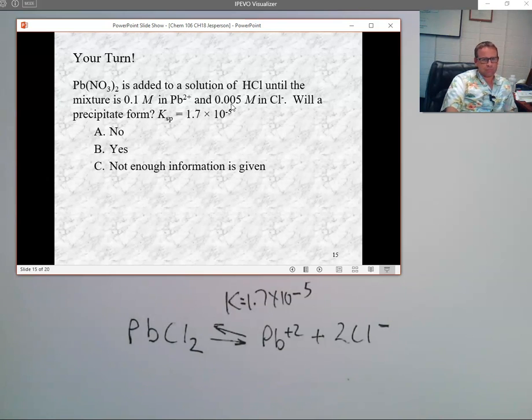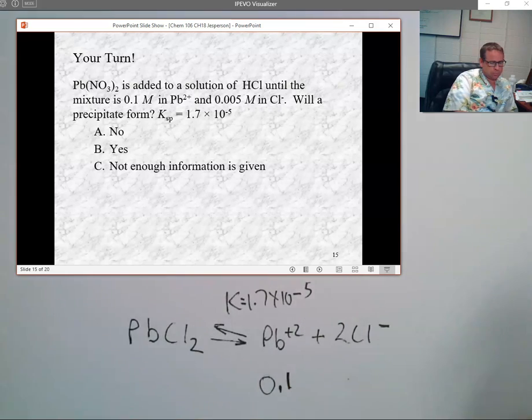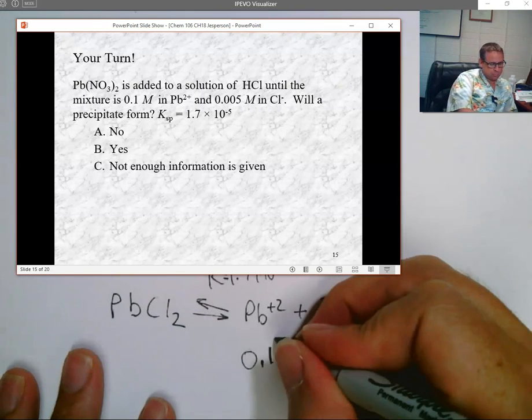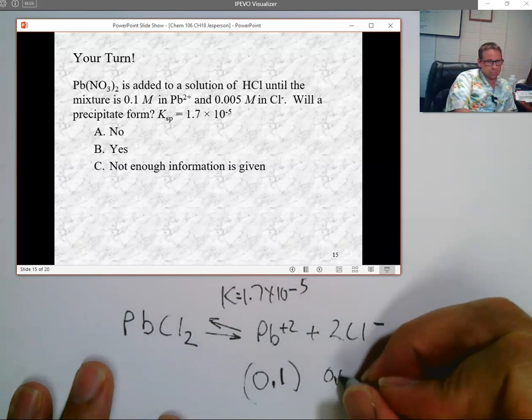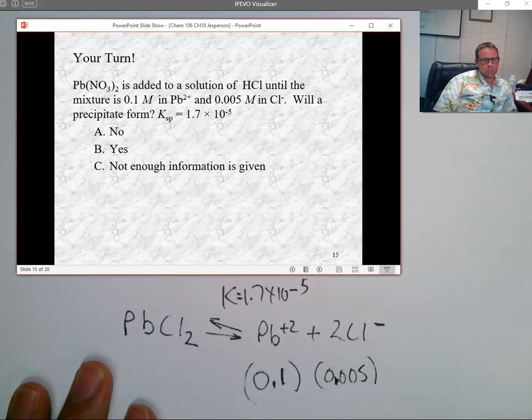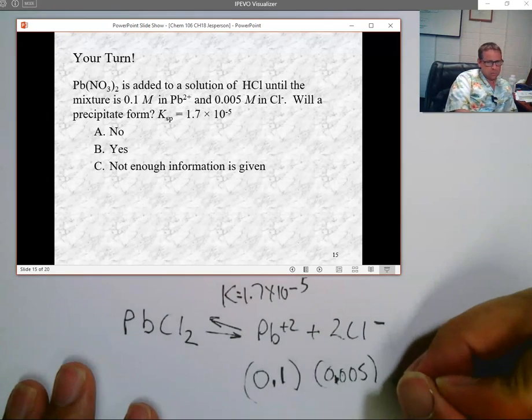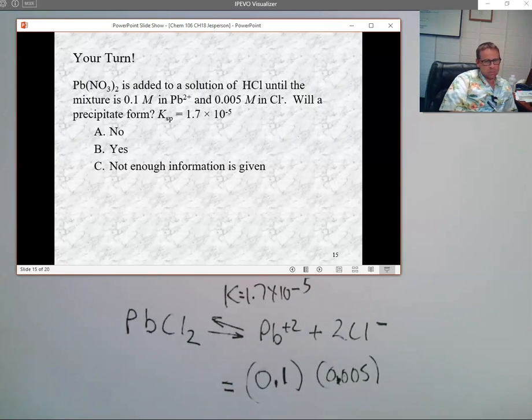So 0.1 molar of the Pb2+, and then the 0.005 molar of the Cl-, and that would equal 0.0005.